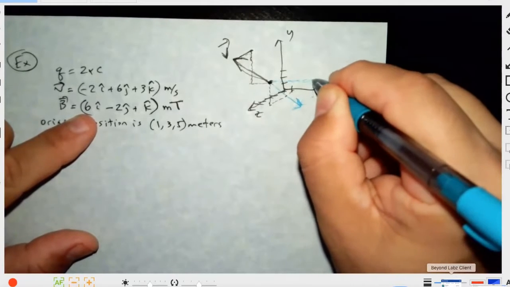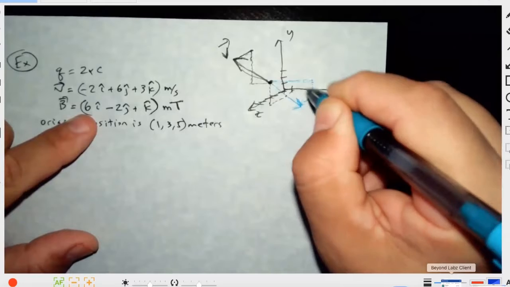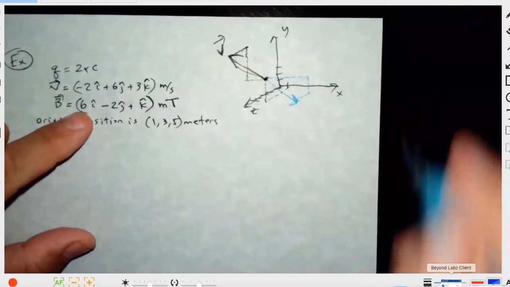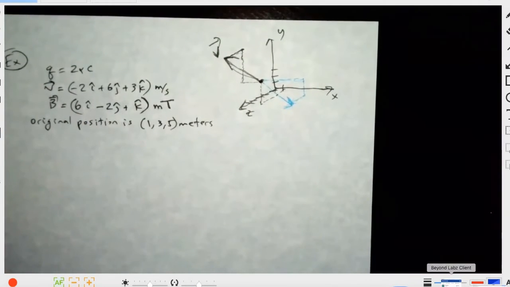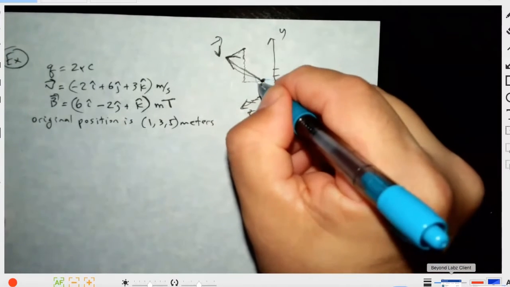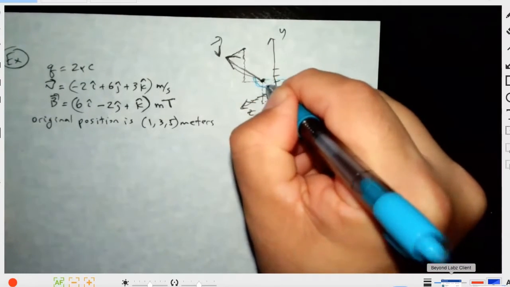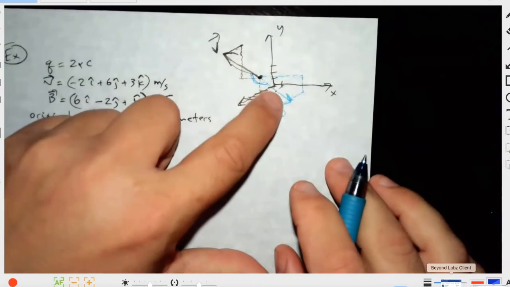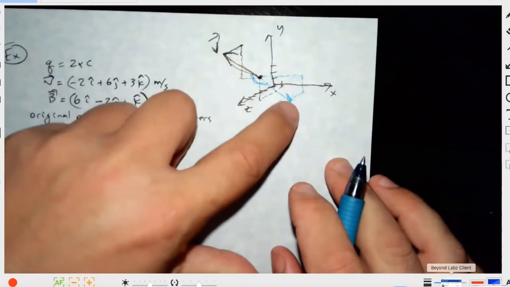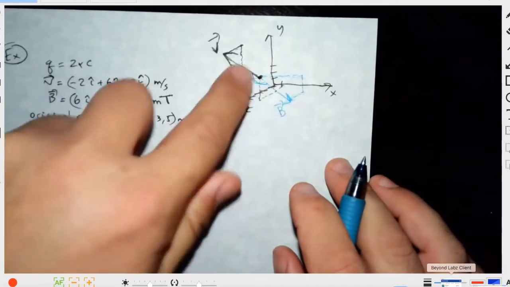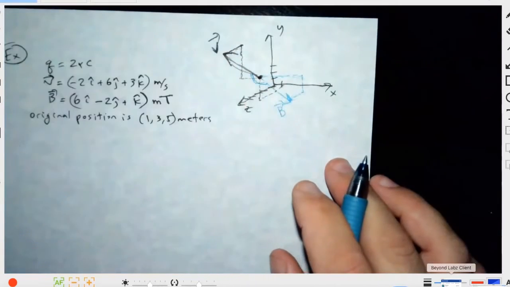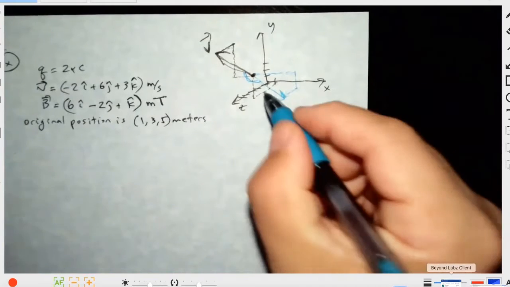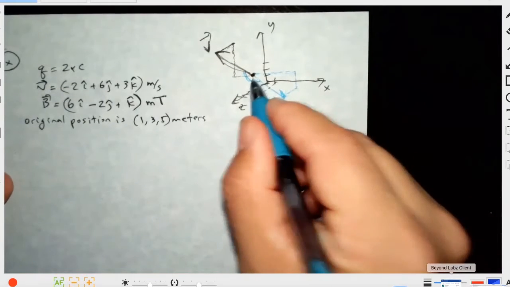So then what's going to happen to that charge? It looks like this angle between them. The magnetic field and the velocity vector make a plane in the three-dimensional field, so we can find out first the angle between them.